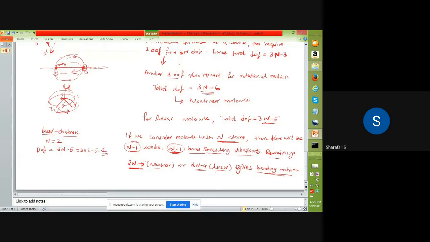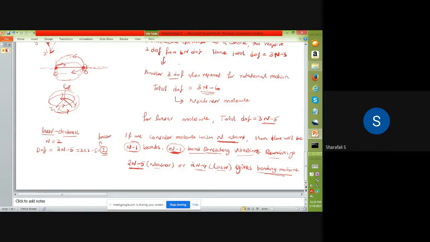So only one vibration is possible in the linear molecule. We call this a fundamental vibration.